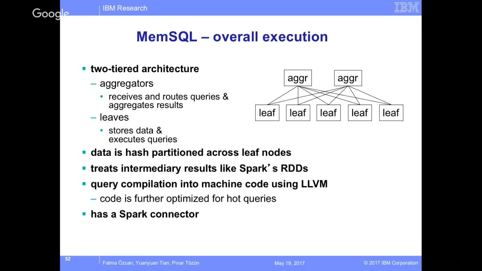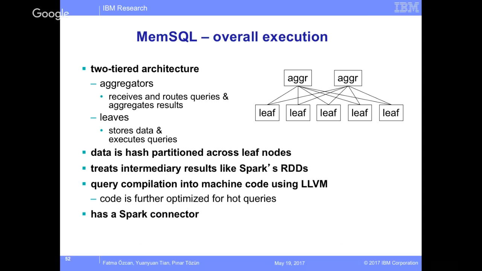They also have efficient query compilation using LLVM, and they can cache some of the compiled queries. If they are frequently asked in the system, they don't have to compile them over and over. As time goes by, they also improve some of the code paths within hot queries.